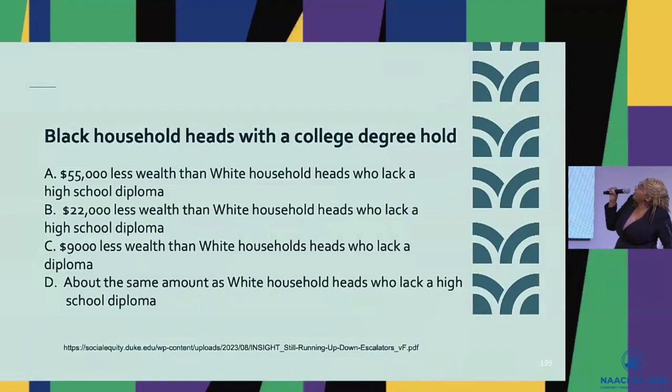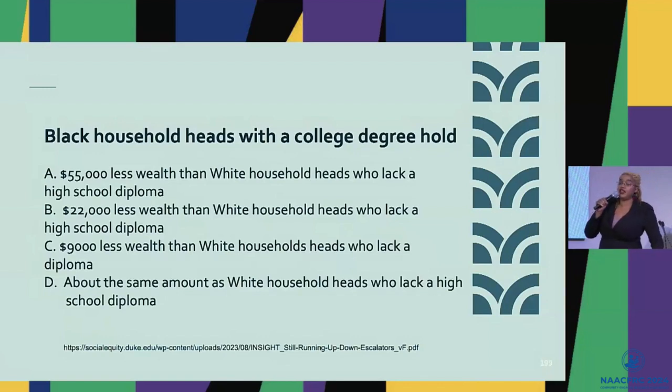Black households with a college degree hold as much wealth as, or $55,000 less than, white households who lack a high school diploma. Or $22,000 less than household heads who lack a high school diploma. Or $9,000 less, or about the same. What are we thinking, people? How many people think it's A? Raise your hand if you think it's that. Oh, a lot of A's.